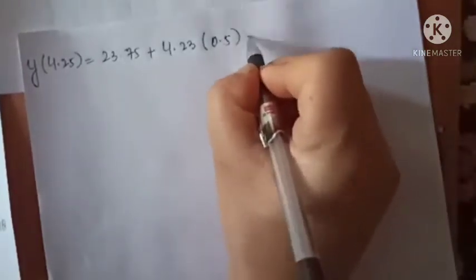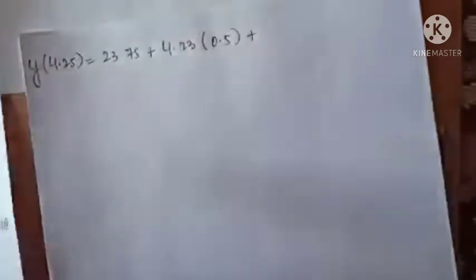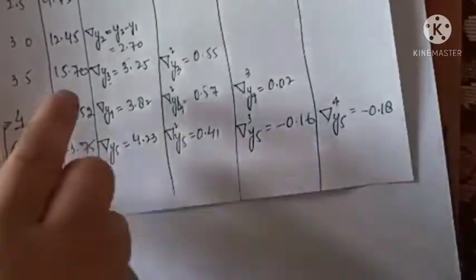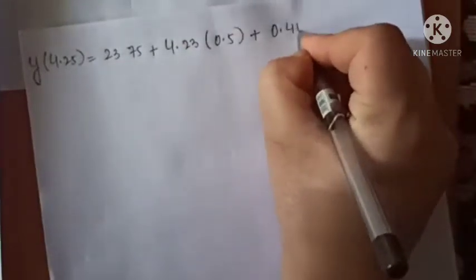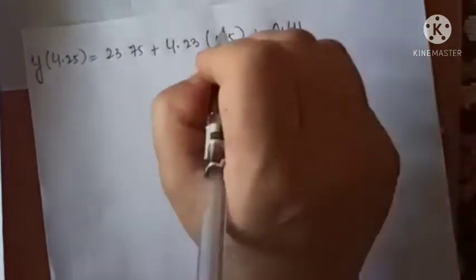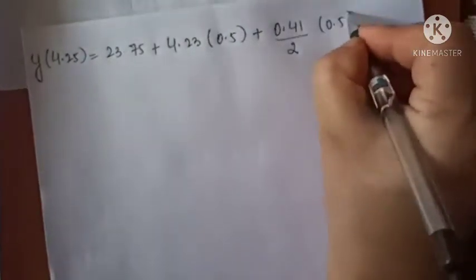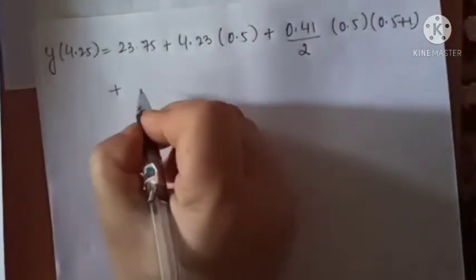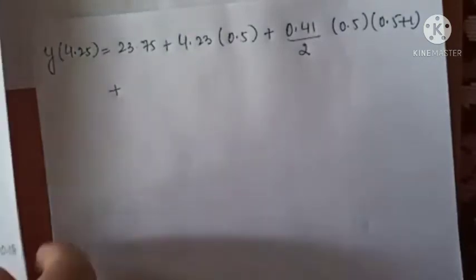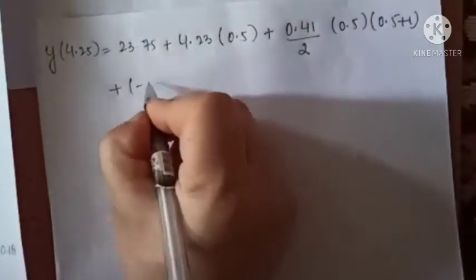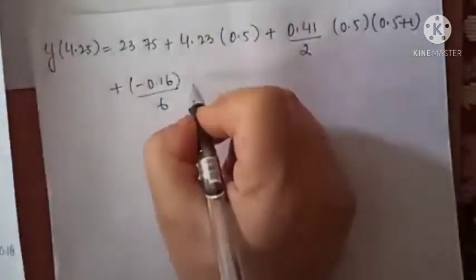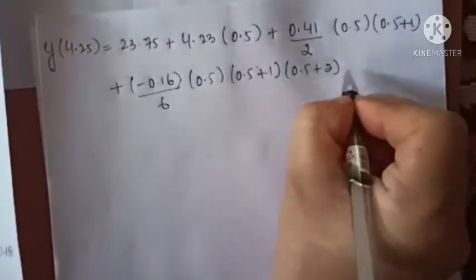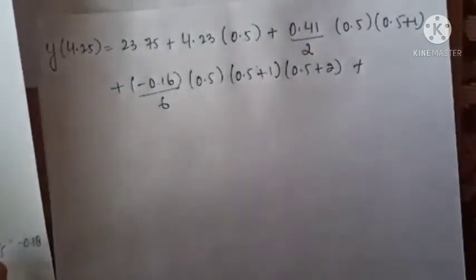Minus 0.5, which we have just found, plus delta square y5. Delta square y5 is the value we found in the table, 0.41. So 0.41 divided by 2 into minus 0.5 into minus 0.5 plus 1, plus delta cube y5, which is minus 0.16, divided by 6 into minus 0.5 plus 1 and minus 0.5 plus 2, plus what is delta 4 y5, that is minus 0.18.